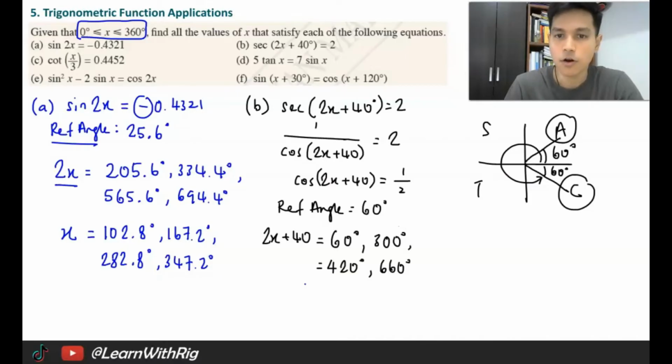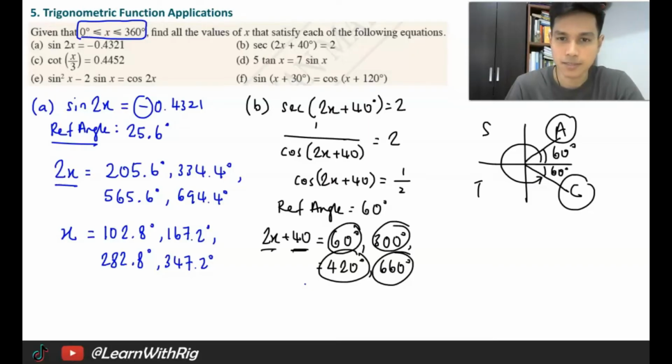So now you got all of this, correct? But again, you are finding for x. So what you're going to do is shift the 40, and then after that shift the 2, right? Each of these numbers, you have to minus 40, then divide by 2.